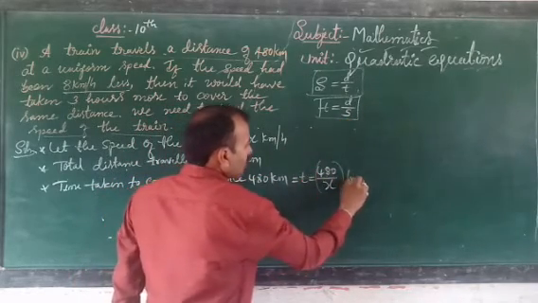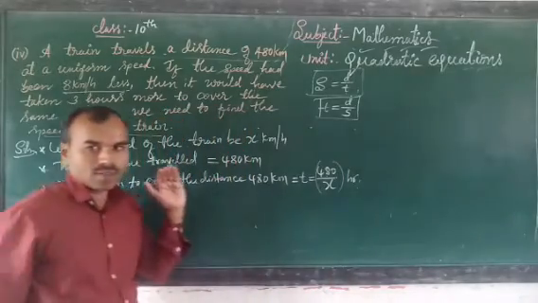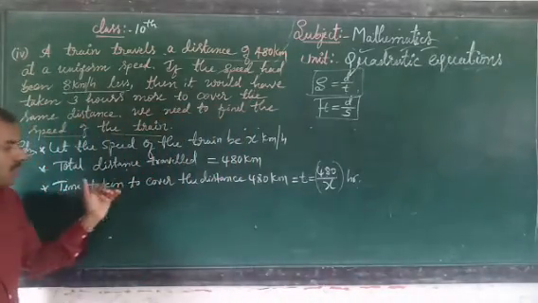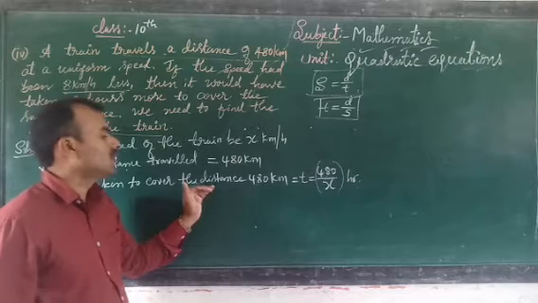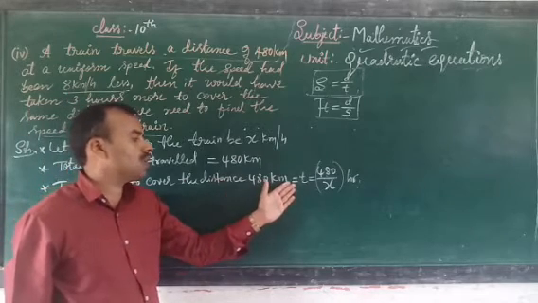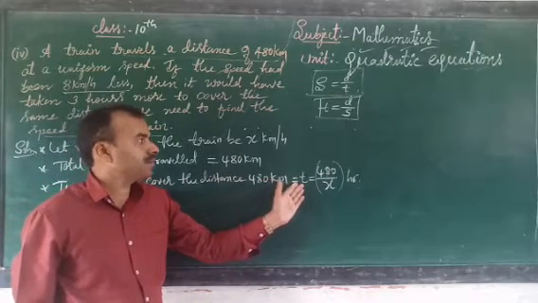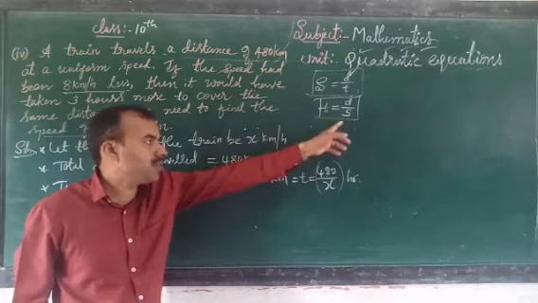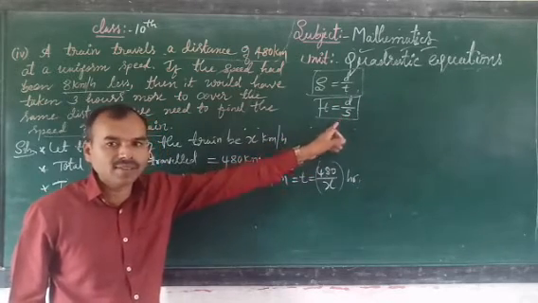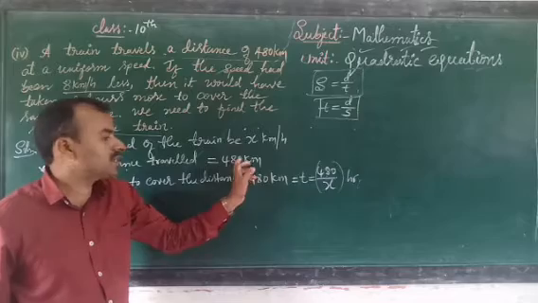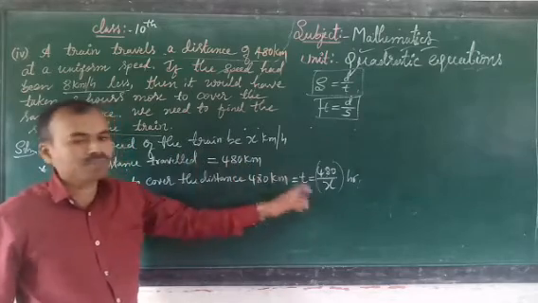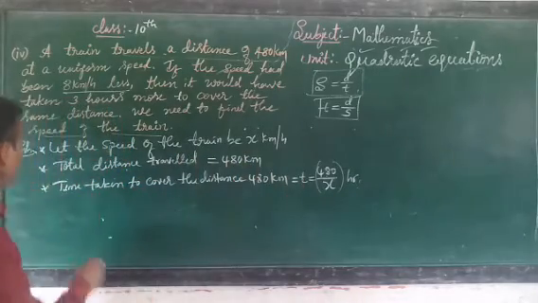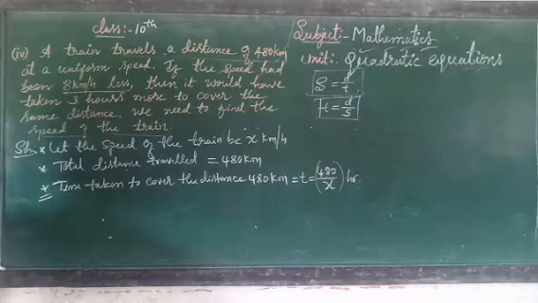This is the time. Once again, time taken to cover the distance 480 kilometer equals T. Time is distance traveled by speed. T is 480 by x. Next, this is enough. And another condition is given.